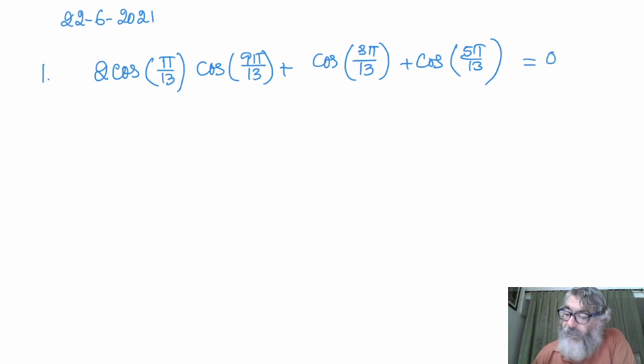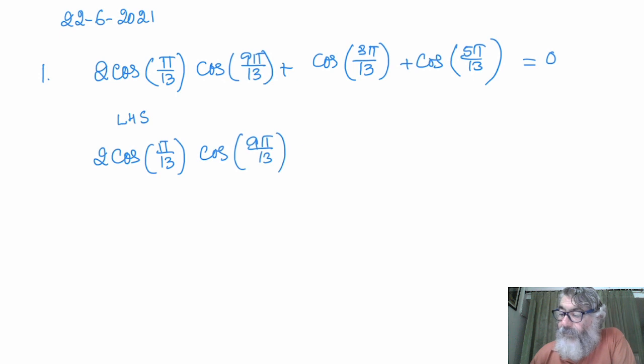So we'll take the left hand side, and we'll say 2 cos pi by 13 into cos 9 pi by 13, and we'll apply cos C plus cos D. Cos C plus cos D is 2 cos C plus D upon 2 cos C minus D upon 2.